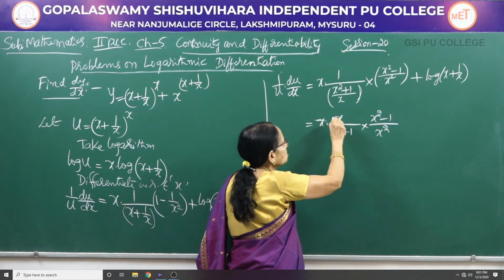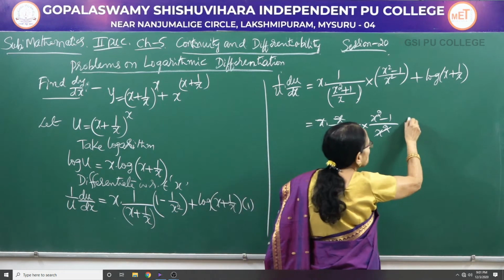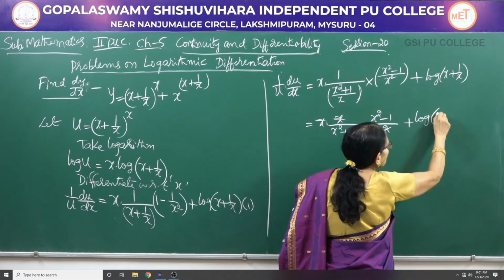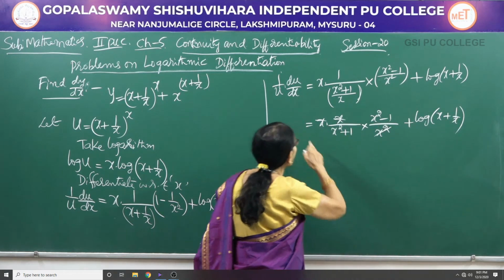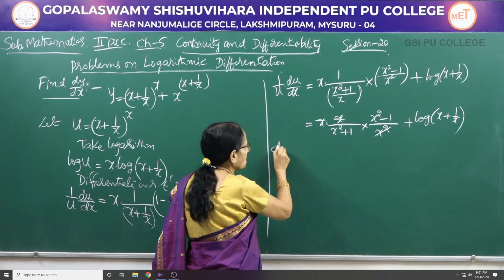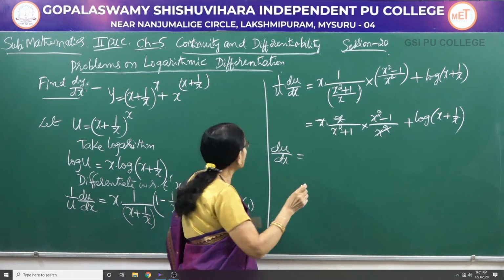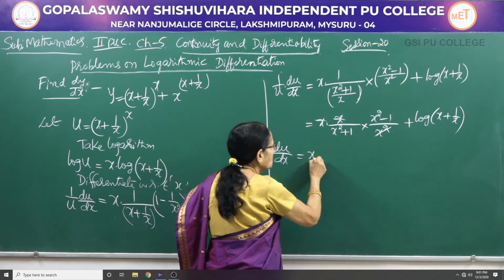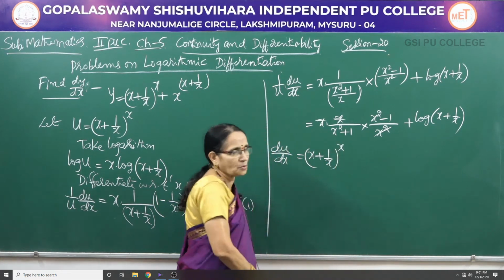Look here, x into x, x square and x square, they get cancelled. So, this would be logarithm of x plus 1 by x, no change in this one. Therefore, now take u to the right hand side, that is du by dx would be u. What is u? You have to write here because u we have taken for our convenience to simplify the function.